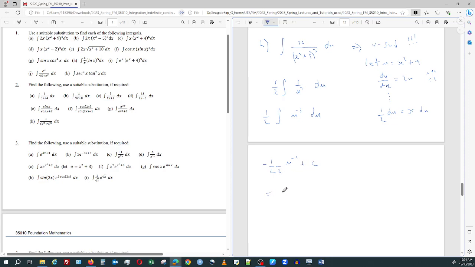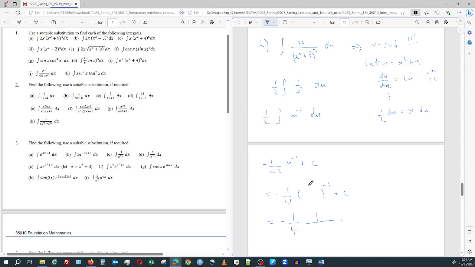So we're going to end up with minus 1/4 u to the minus 1 plus c, which is minus 1/4 1 over u, which is x squared plus 9.